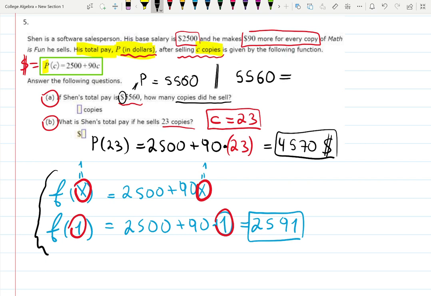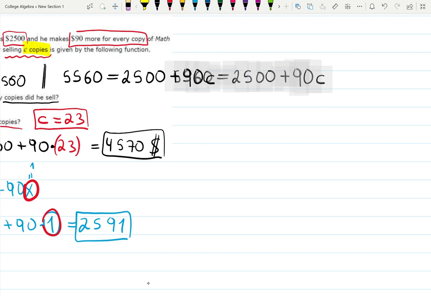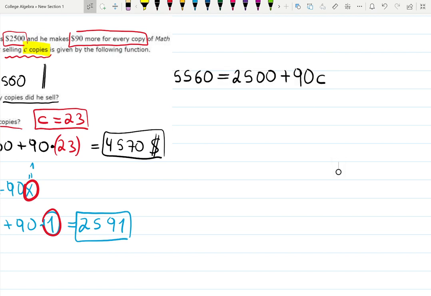Let's do it. 5560 equals 2500 plus 90C. It's a linear equation. We know how to solve that. I usually teach it this way. You need to isolate the part with your unknown. This is the part with the unknown, 90C. So I want to isolate that.